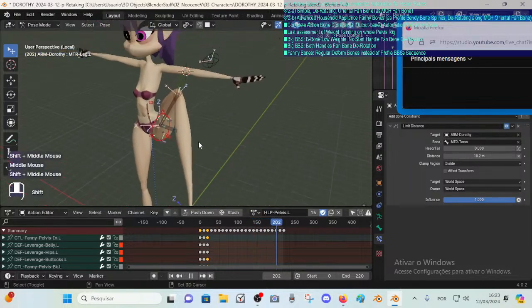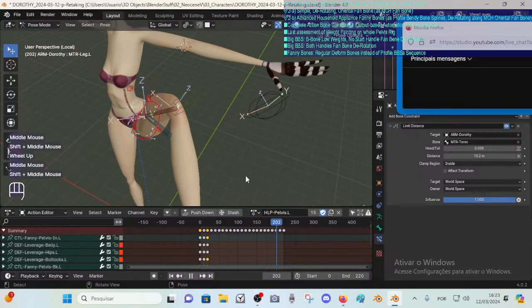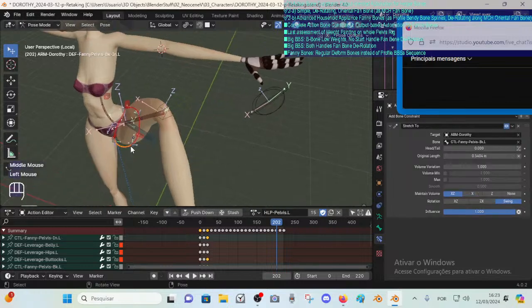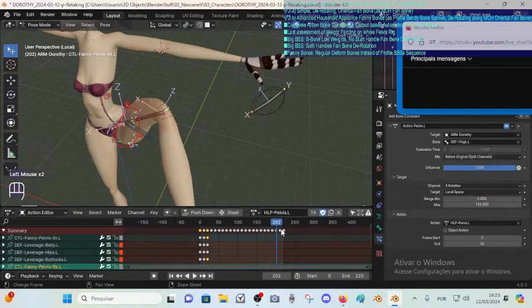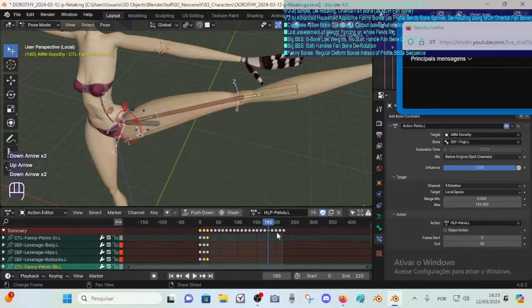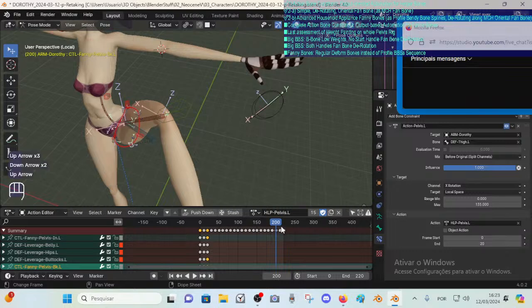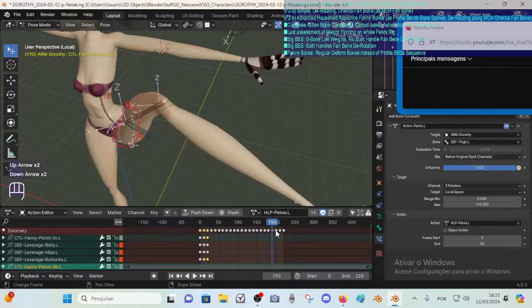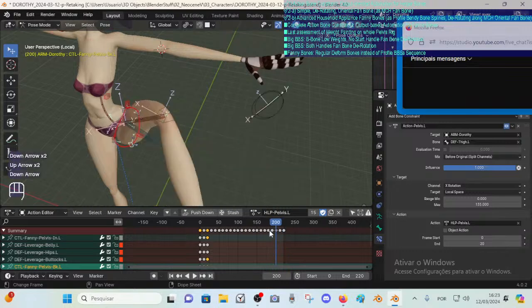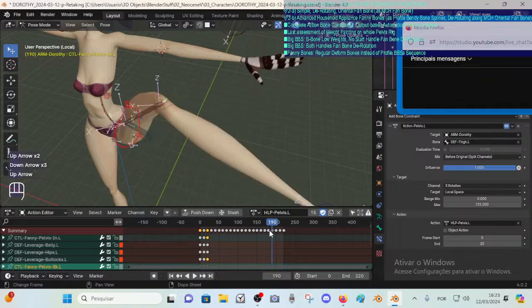So what happens here is that if I recall an action from this bound, on this timing, I'm confused about the direction of the leg.